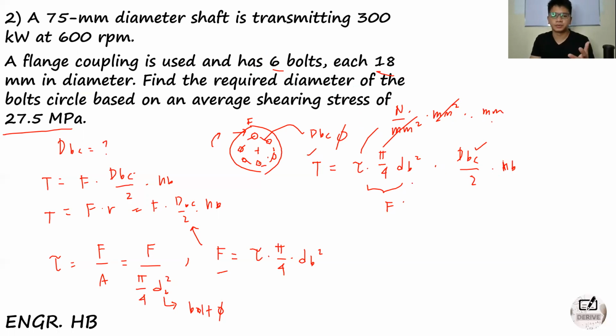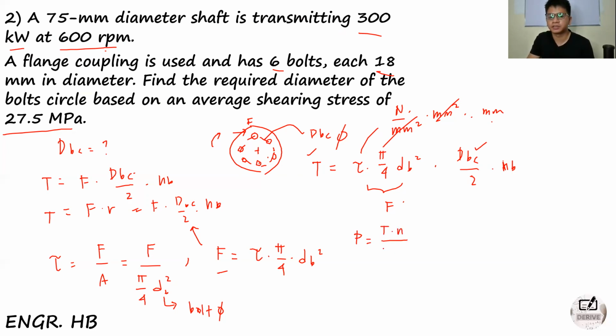So, we all know on our machine design days, meron tayong already na derived equation for the power and torque. So, meron tayong power dito, 300 kilowatts. Siyempre, pag may power, andyan na naman yung RPM. So, we all know that the power is torque times speed.